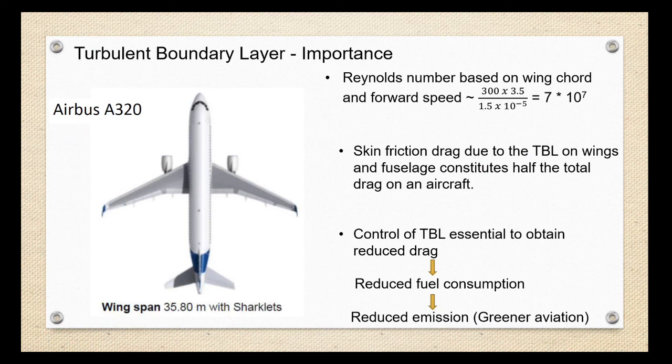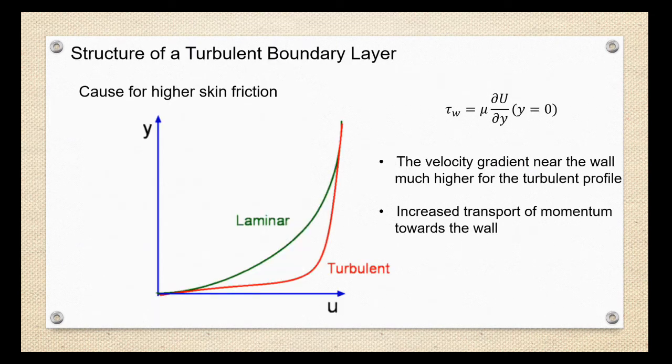So it's quite important that if you are able to control the turbulent boundary layer somehow, so that it leads to a reduced drag, then that translates into a reduced fuel consumption and finally into reduced emission. And therefore we should be able to realize a greener aviation with less emissions and also which is more economical. So it's quite important, in fact, to understand and to be able to manipulate these turbulent boundary layers.